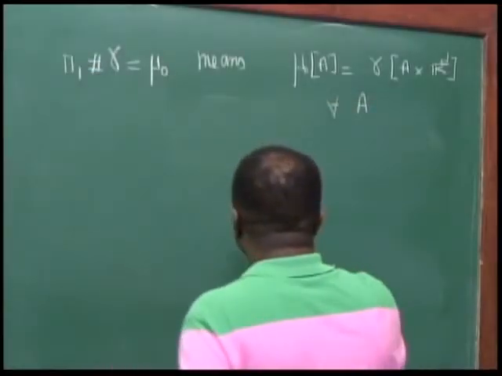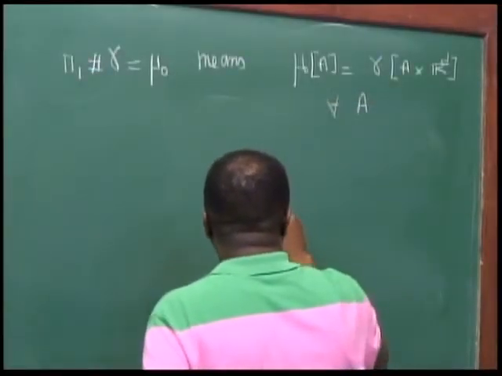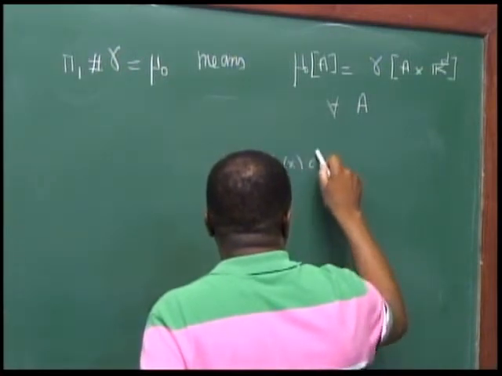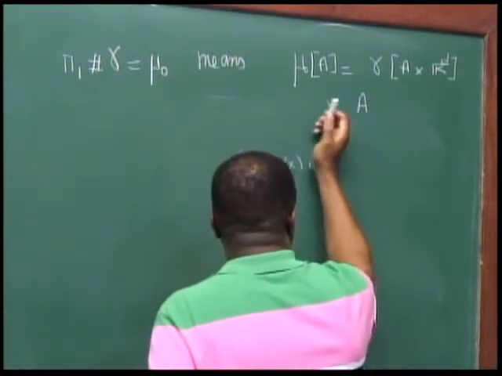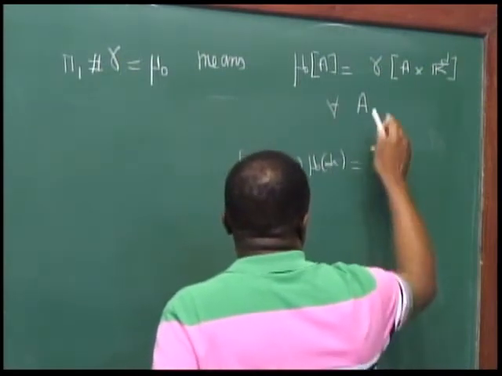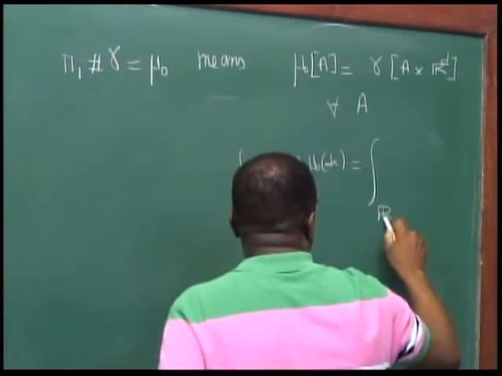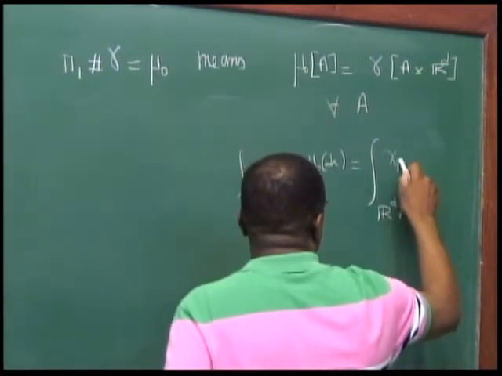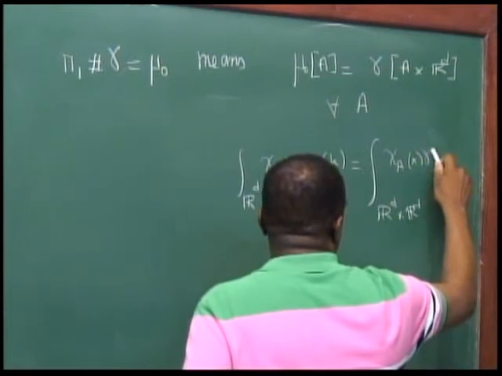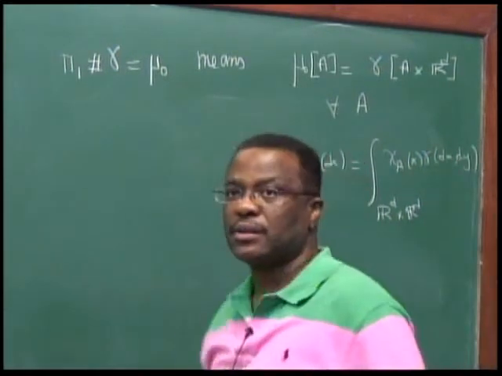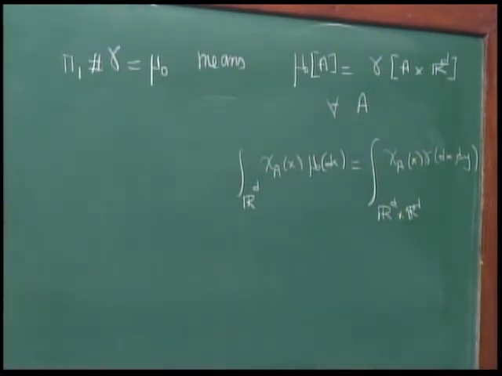The left-hand side is the integral over R^d of the characteristic function of A of x d mu naught. The right-hand side is the integral over R^d cross R^d of the characteristic function of A of x, gamma dx dy. This holds for every A.